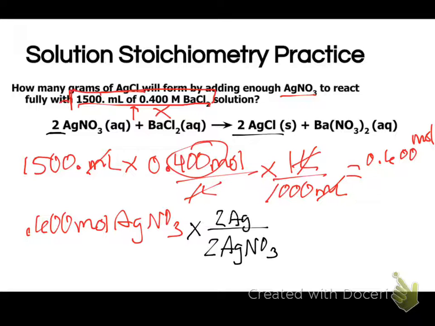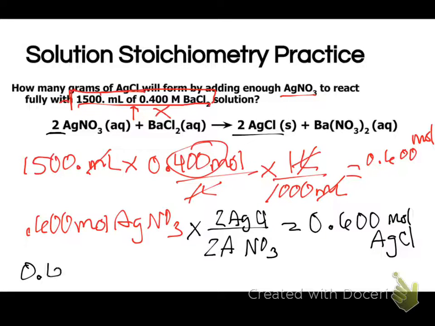So it's not going to change anything mathematically, but you still have to show this. It's almost always worth an entire point just for showing your work there. And basically what we're doing is converting from AgNO3 to AgCl. And then it wants to know grams of AgCl, so then I have to look up the molar mass.